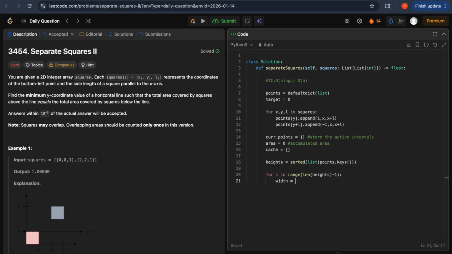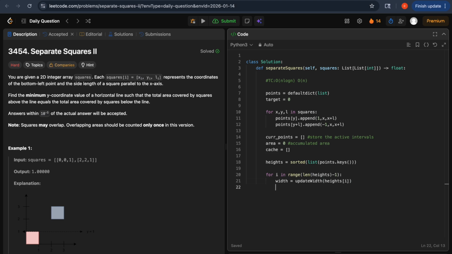So I'm going to define a function here, update width function, where we are passing heights of i, right? Based on the y coordinate value, we will be getting the y coordinate band, and in that particular band we have the overlapping intervals there. Based on that we will be calculating that, which I will be writing the function after finishing this piece of code.